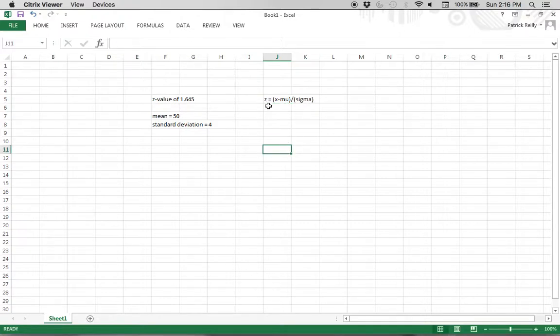So that's our formula, x minus mu divided by sigma. And here the mean is 50, so mu is 50. Standard deviation is 4, so sigma is 4. And then z, we figure that out by looking at how much data, 95% of the data, is below what point on our standard normal. That's 1.645.